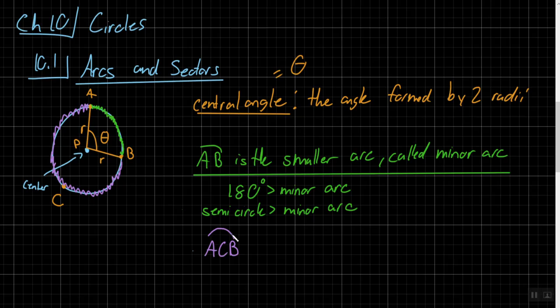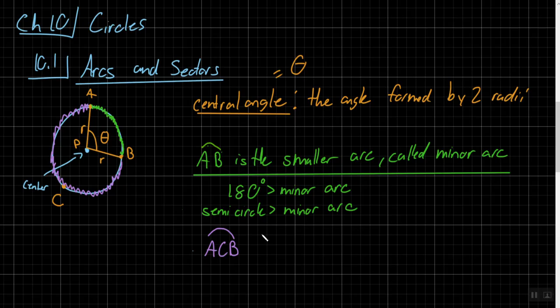So make sure you're making that an arc above it. So AB is smaller than ACB. This one is smaller than this gigantic one right here. So that's the arc made.